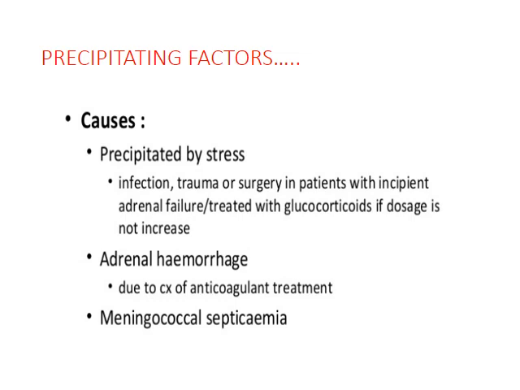Adrenal hemorrhage can also occur due to the treatment for different disorders and intake of anticoagulants. Meningococcal septicemia may result in adrenal hemorrhage, and acute adrenal insufficiency can be present in these patients.